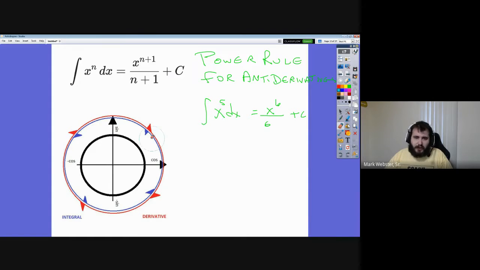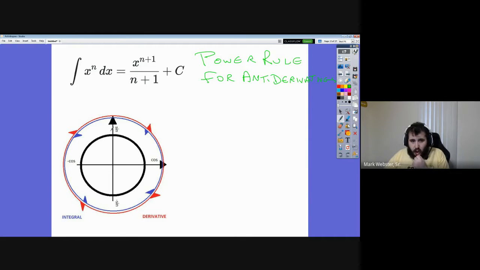And then this right here is a visual to try and help you with sines and cosines, because you know that the derivative of sine is cosine. The derivative of cosine is negative sine. The derivative of negative sine is negative cosine. And the derivative of negative cosine is sine again.